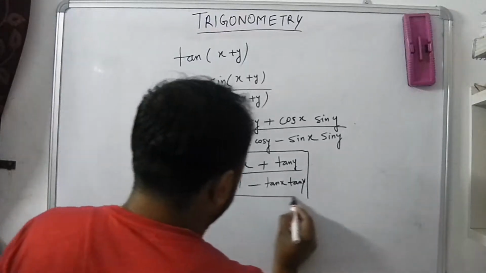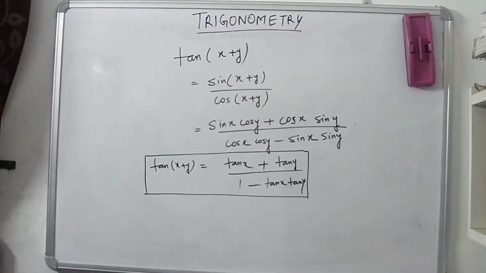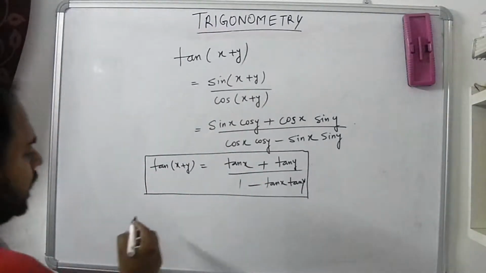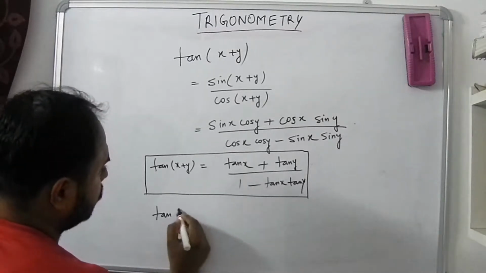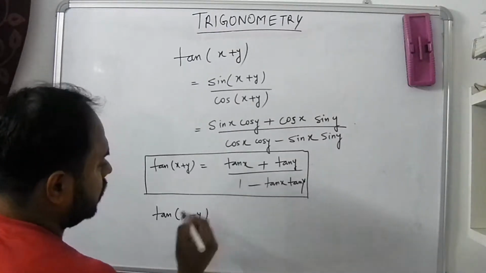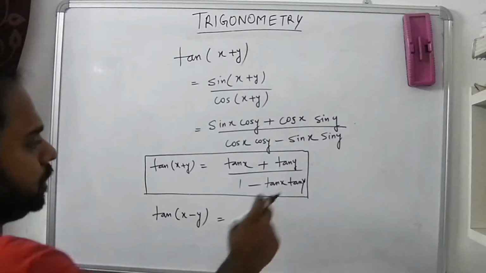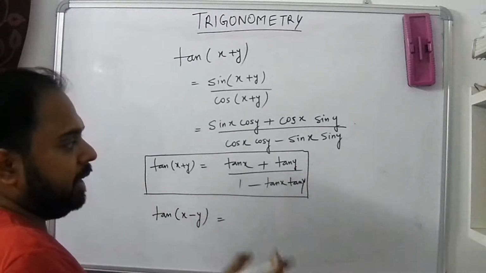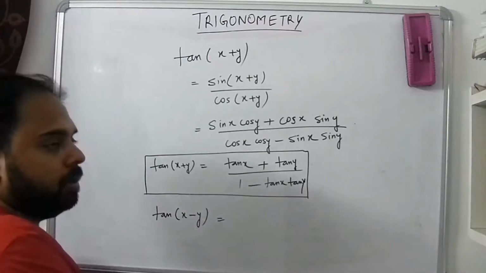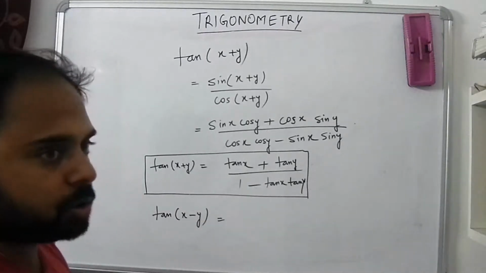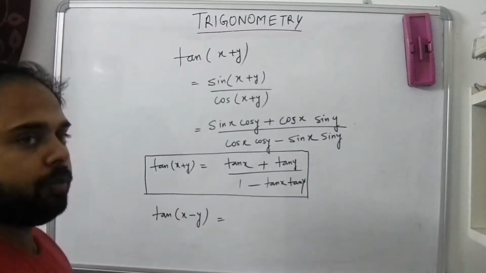Now from here we can derive tan of x minus y, like we used to do for all other sums and differences. When we replace y with minus y, in case of tan, tan of minus y is minus tan of y, because cos remains the same and sin of y changes the sign.